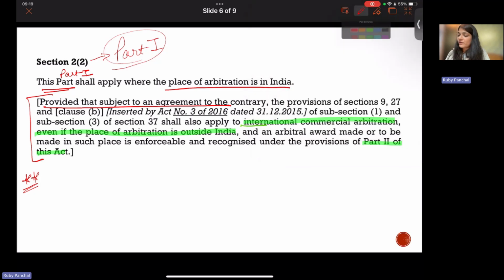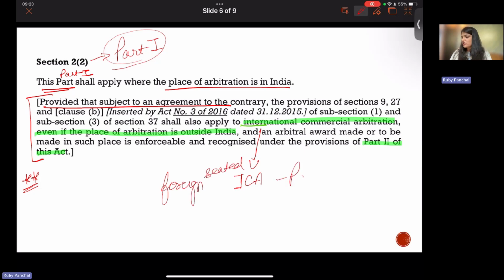Now, what is happening here? Here, the legal text is giving us the term ICA. So this provision is applicable to foreign seated international commercial arbitrations to which Part 2 applies. What we have established so far is that Part 2 does not have any definition clause, and international commercial arbitration is not found in Part 2 at all.